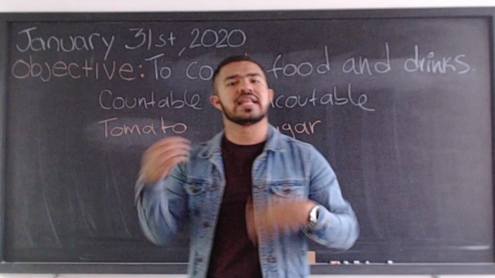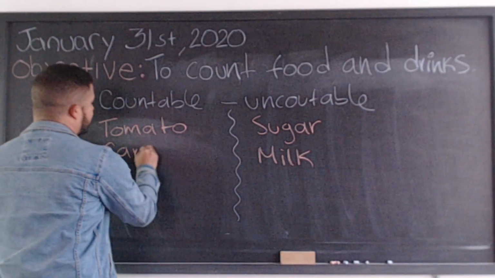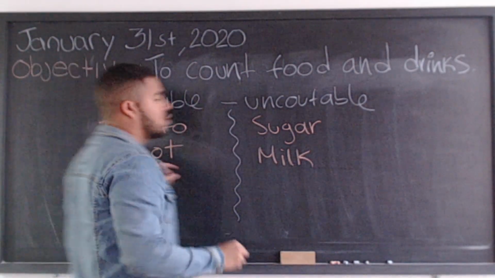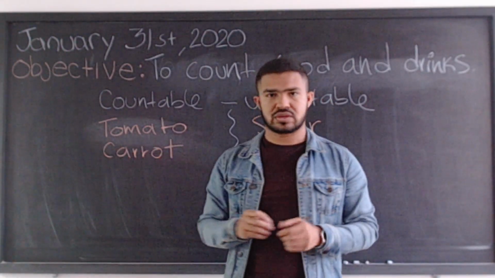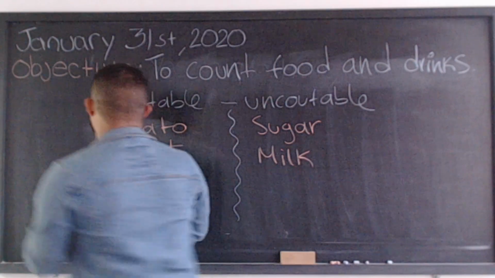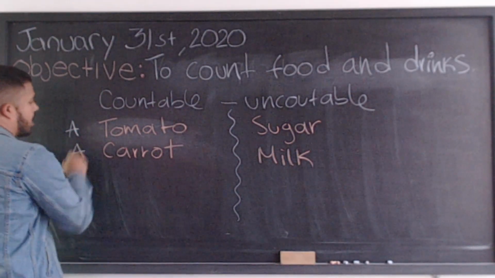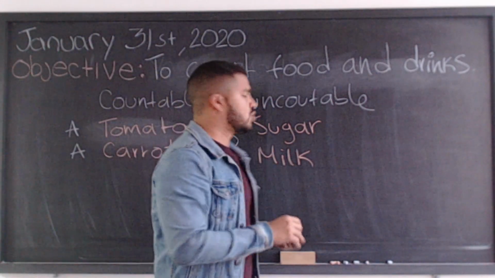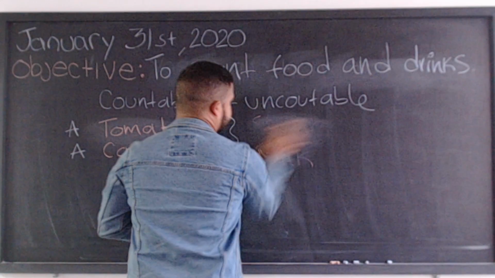Is that clear? Let's continue with more examples. Then we have carrots. A carrot, una zanahoria, that is countable. Maybe we can use here a carrot, a tomato, a carrot, okay? Sugar, milk, it's right here.